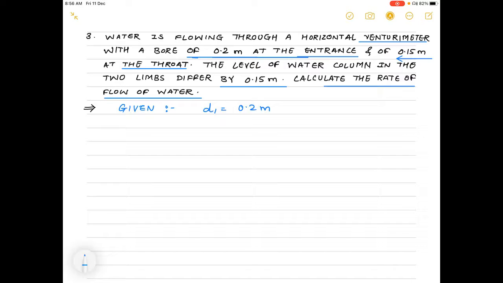Area A is equal to pi d square by 4. If you substitute the value of d, you will get the area equal to pi into 0.2 square divided by 4, which comes out to be 0.031 meter square.